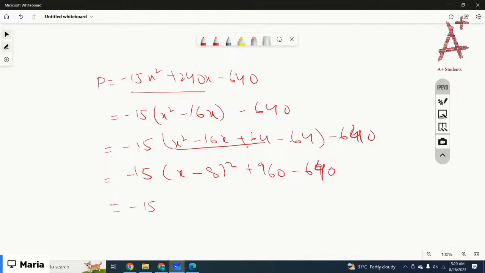So that equals negative 15 times x minus 8 whole square, and positive 960 minus 640 is positive 320, right? So that means the x coordinate of the vertex is 8. So she should book 8 clients to maximize her profit, right? You have to calculate the x coordinate of the vertex, that would be 8.